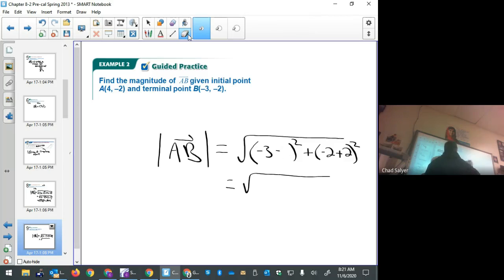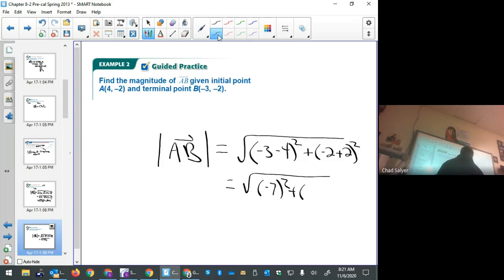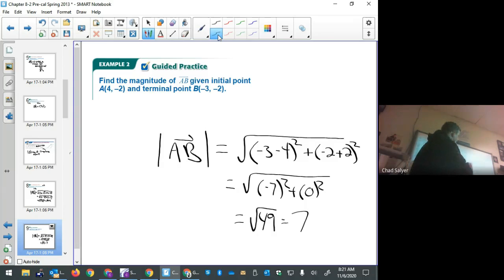Yeah, predicted the answer there mentally. So there we go. So radical 49 and then 7. So don't forget to take the square root. Questions about that? Cool.